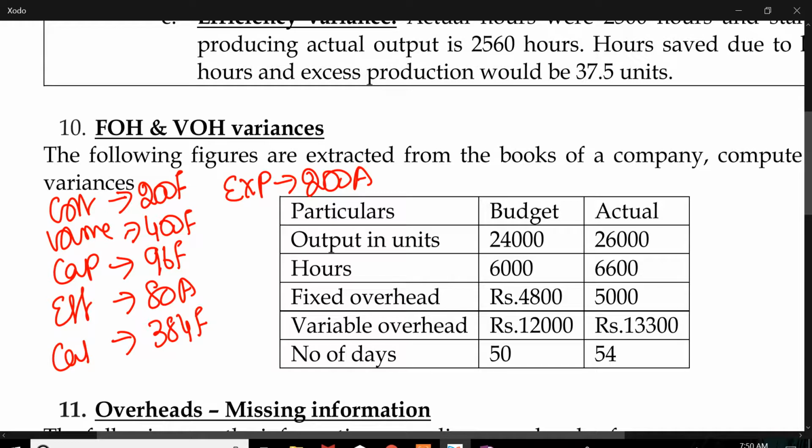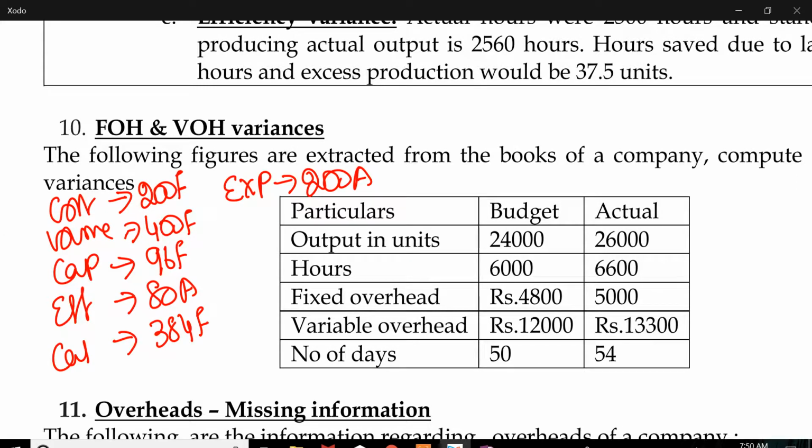Now, if somebody asks me to interpret the variances here, I'll say the company has a favorable fixed overhead volume variance of 400 favorable. This is because, point number 1, the company has a better capacity utilization. It wanted to work for XX hours, whereas it has worked for YY hours. Because of a better capacity utilization, the company could produce more units, and that led to a favorable variance of 96 favorable.